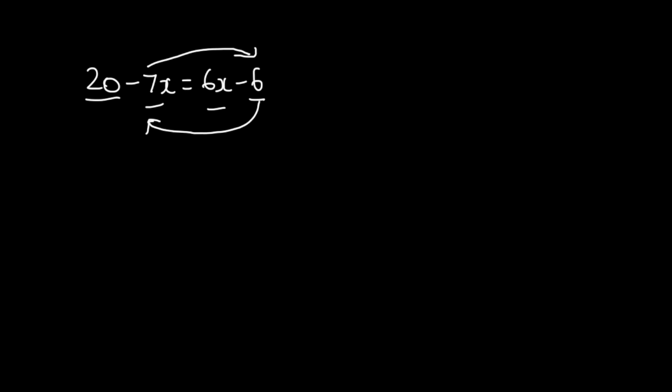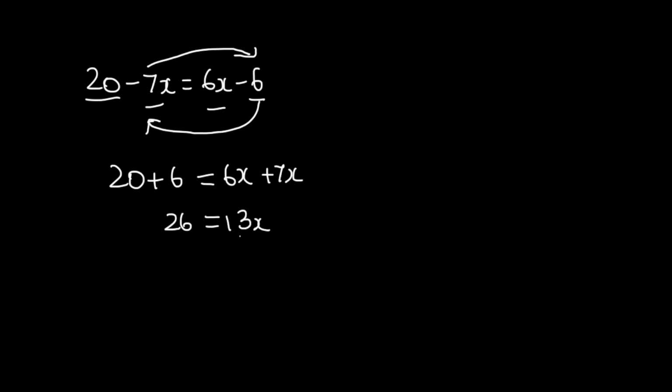It's your wish, you can transpose anywhere, but the variable should be on one side and the constants or other numbers should be on the other side. So after transposing we get 20 plus 6 because it's minus 6, and we get 6x plus 7x because it's minus, it will become plus. So 26 is equal to, if you add it, 13x.